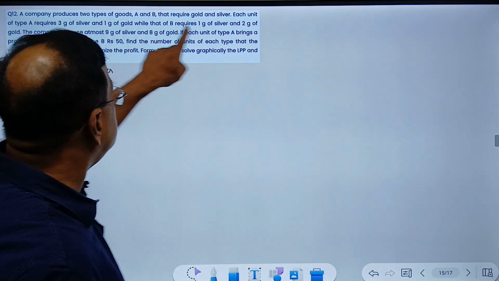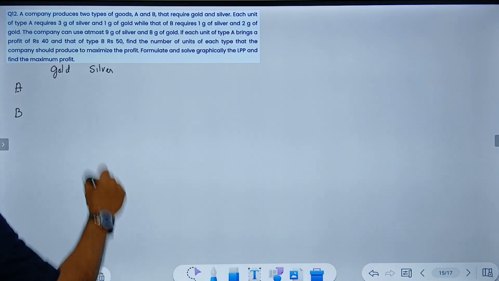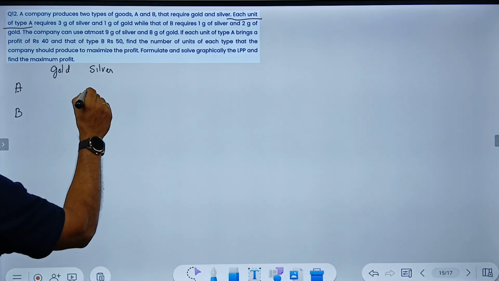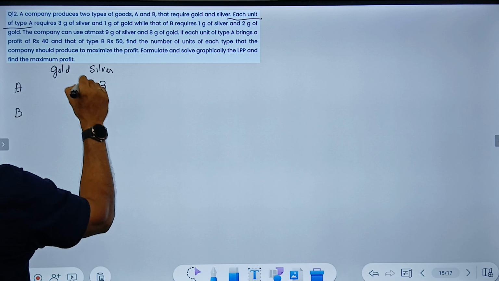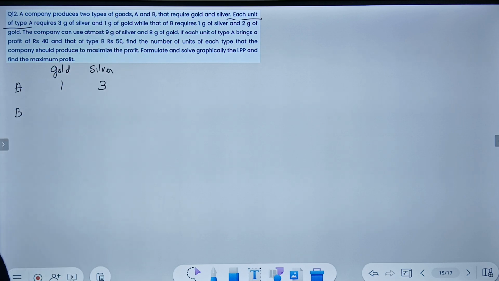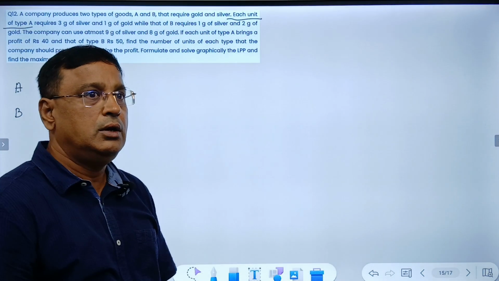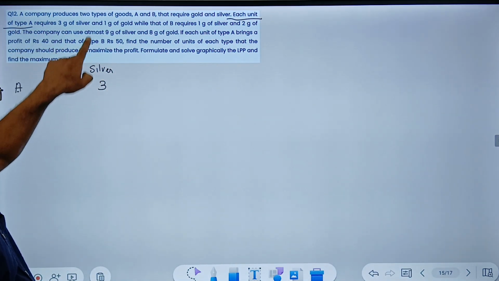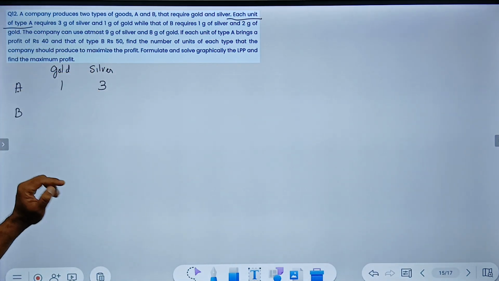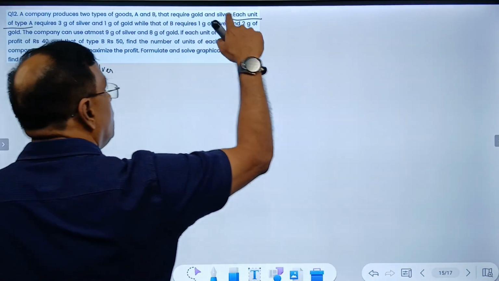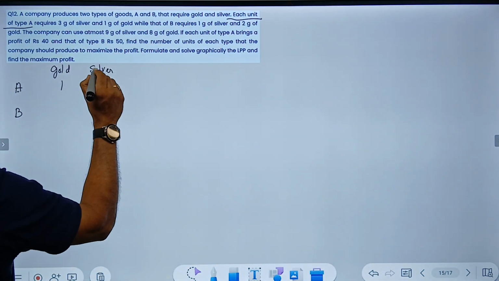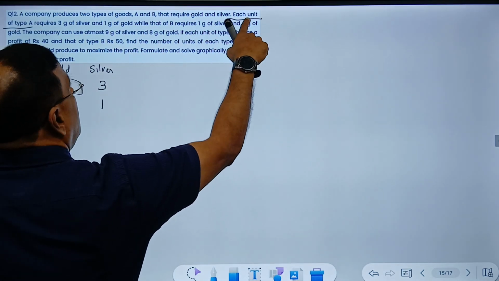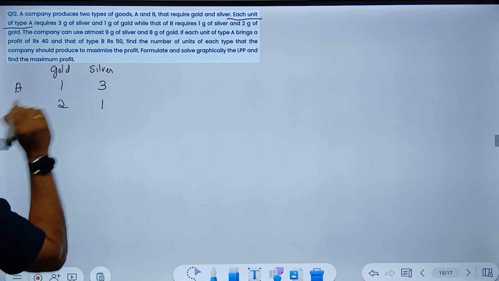Now, each unit of A requires 3 units of silver and 1 unit of gold, while B requires 1 unit of silver and 2 units of gold.